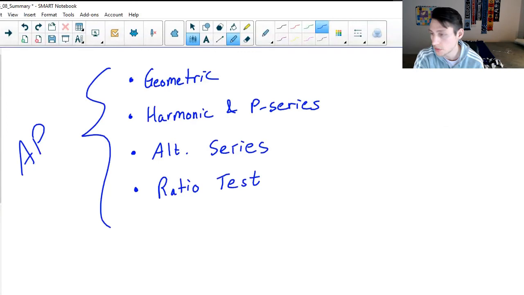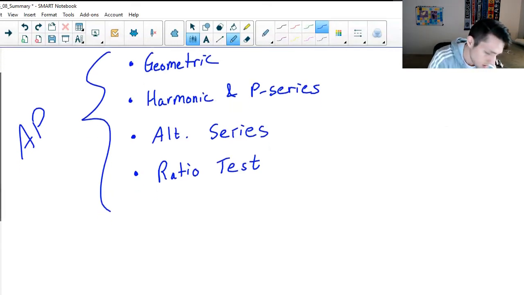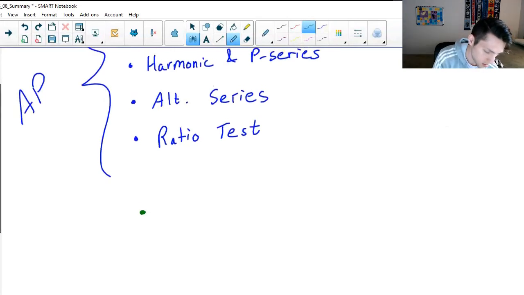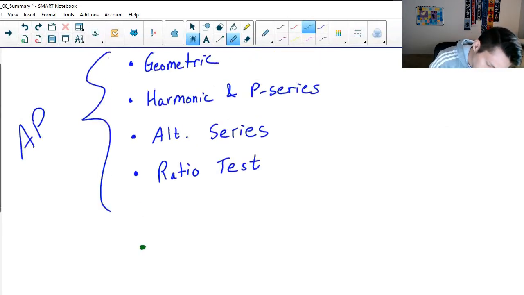Now, we learned other things because we didn't know yet what AP said they would or would not have. So here's a list of things that we learned that are not specifically on it.